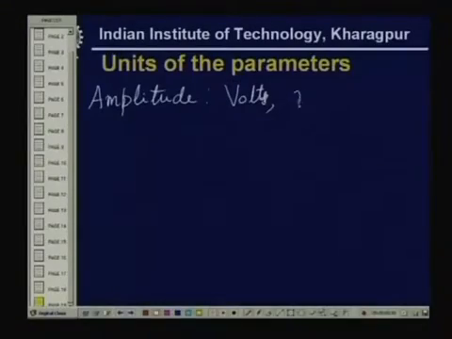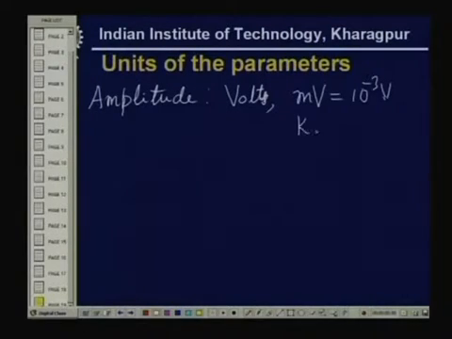In such a case we can call it millivolt, written mV, which is equal to 10 to the power minus 3 volt. Or sometimes we have to represent high voltage, then we can say kilovolt, that means 10 to the power 3 volt.